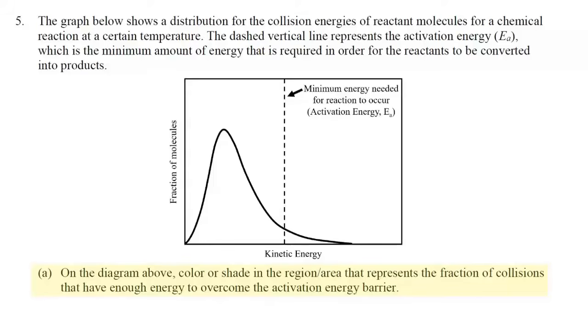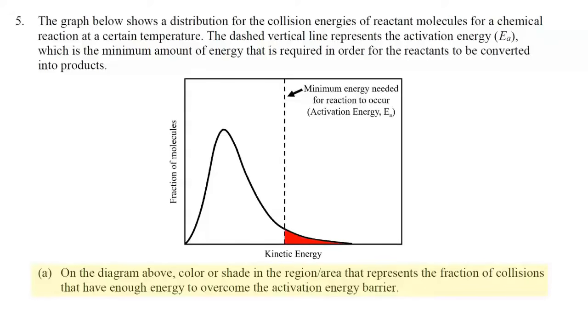So that would be the portion of the diagram that is located to the right of the activation energy. If kinetic energy is on the x-axis, then we're only going to shade in that region under the curve that's located to the right of the dashed line. So what does this represent?